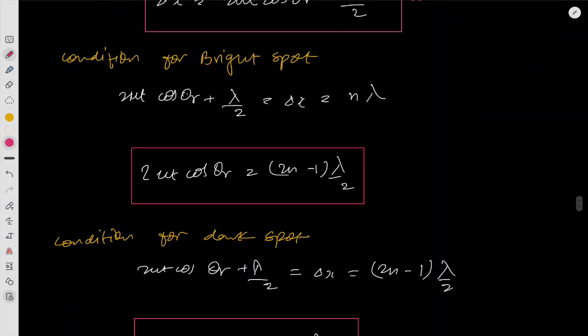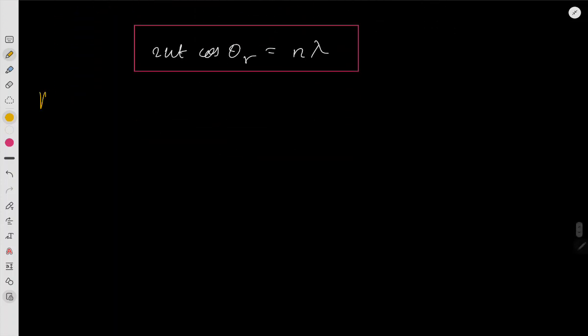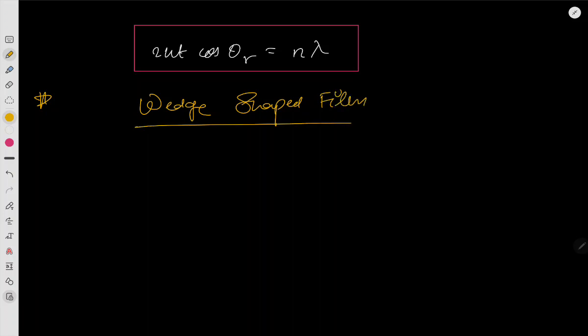So let's go further and understand one of the last things, that is the wedge shaped film. So a wedge shaped film is something like this.